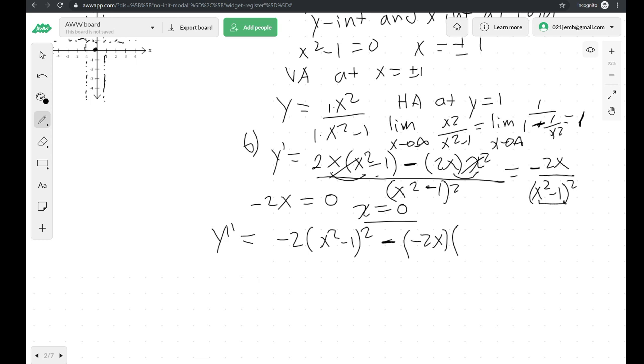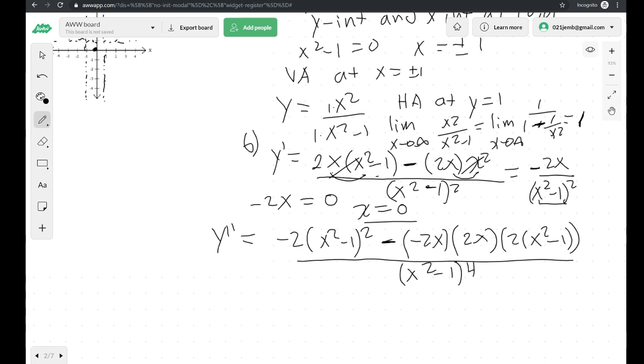The derivative of the inside is 2x, and then for the outside, we bring 2 down, so that will be 2 times the original, which is x squared minus 1. So we subtract 1 from the exponent using the chain rule. Now, all of that is divided by the bottom squared again, so x squared minus 1 to the power 4.